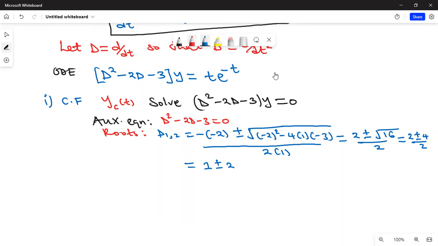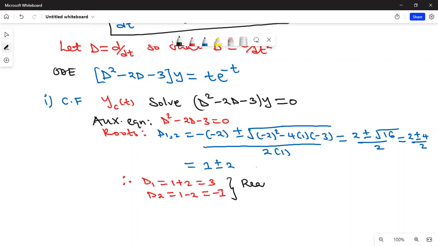Therefore the first root, d1, is 1 plus 2, which is 3, and the other root, d2, is 1 minus 2, and that's negative 1. So these roots are real and distinct.